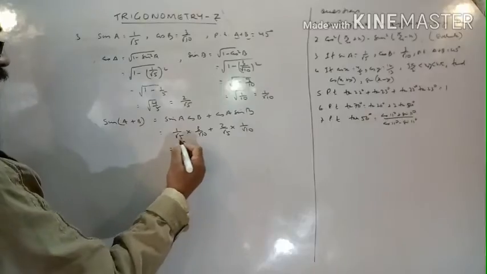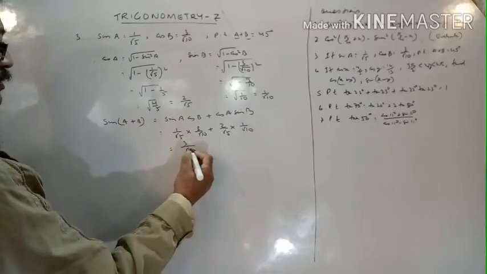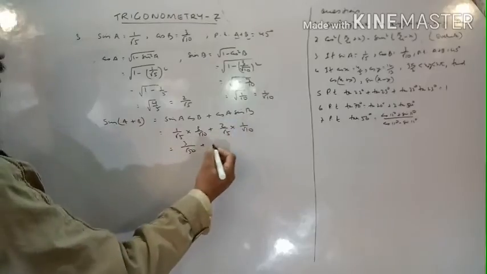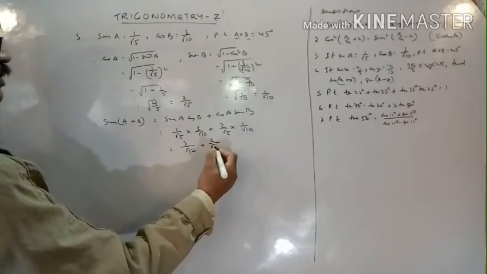So this is 3 by root 50, plus this is 2 by root 50.